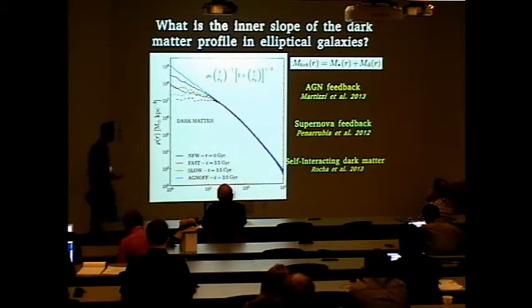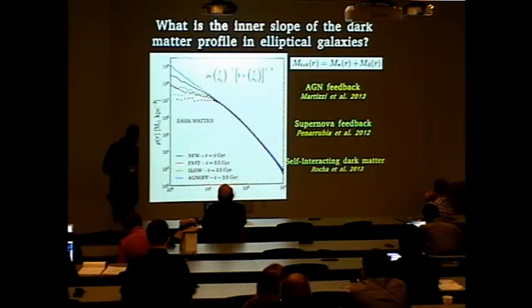At the same time, you can also create cores with self-interacting dark matter by fine-tuning the cross-section of the dark matter particles. In this talk, I want to tell you how we try to measure this slope, either 0, or 1, or something in between, or something even more cuspy, in one particular galaxy.